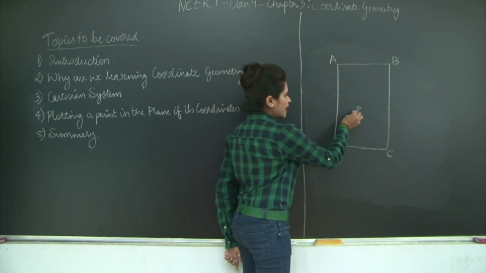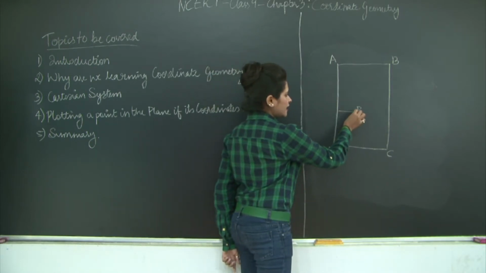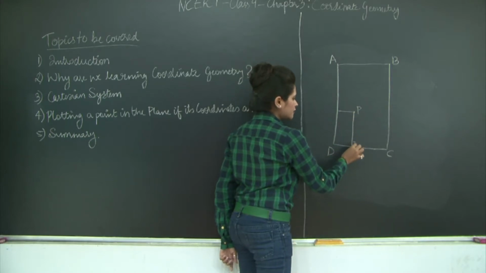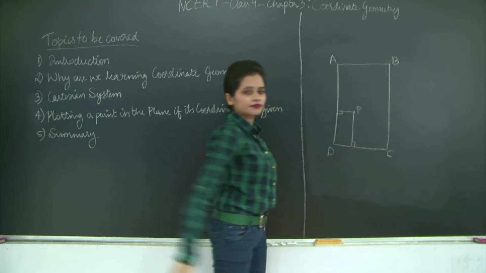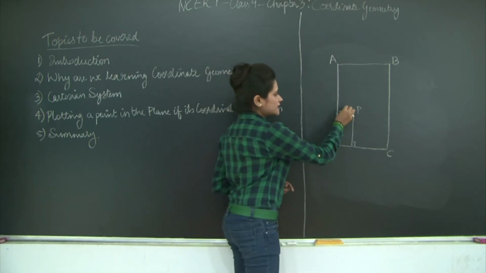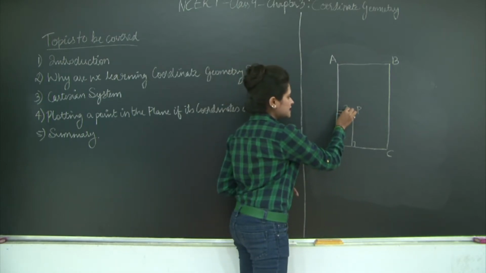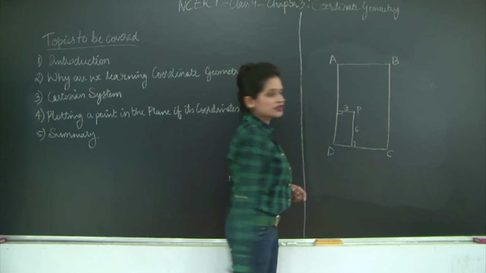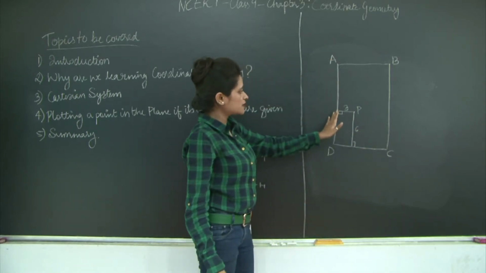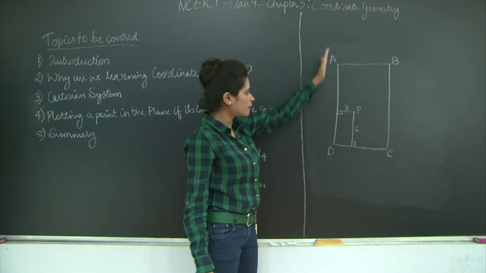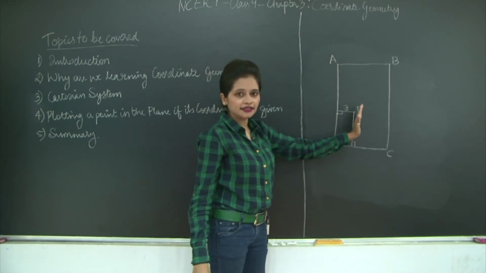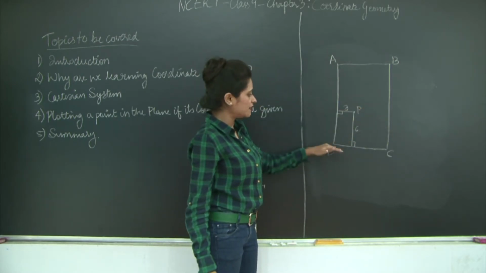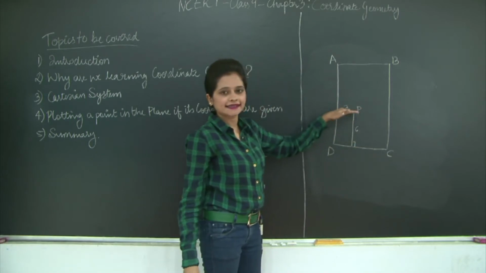So let's say I draw a perpendicular on this line and I draw a perpendicular on this line. So now if you know this distance, let's say this distance is 3 units and this distance is 6 units. So you will say the distance of point P from edge AD is 3 and the distance of point P from edge DC is 6.